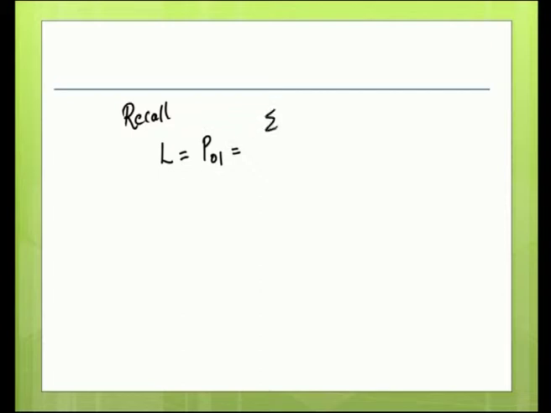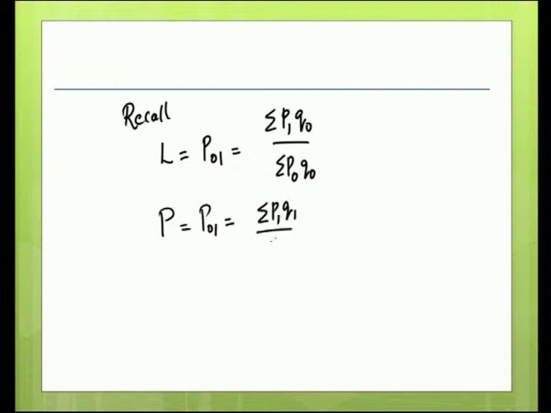So, summation P1 Q0 by summation P0 Q0. The next method is Paasche's method and it is represented by P, and P01, the formula is summation P1 Q1 by summation P0 Q1.